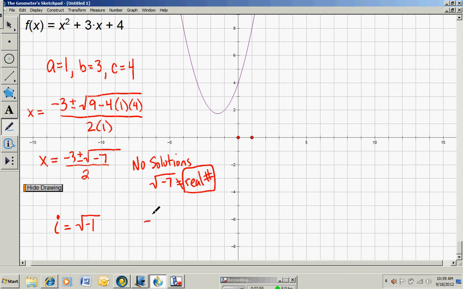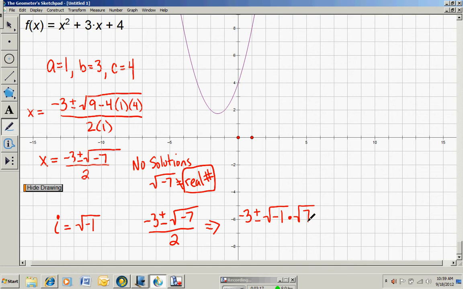So going back to our original problem of negative 3 plus or minus the square root of negative 7 all divided by 2, we can write this answer as a complex number by doing this. Negative 3 plus or minus, well, the square root of negative 7 is the same as the square root of negative 1 times the square root of 7.